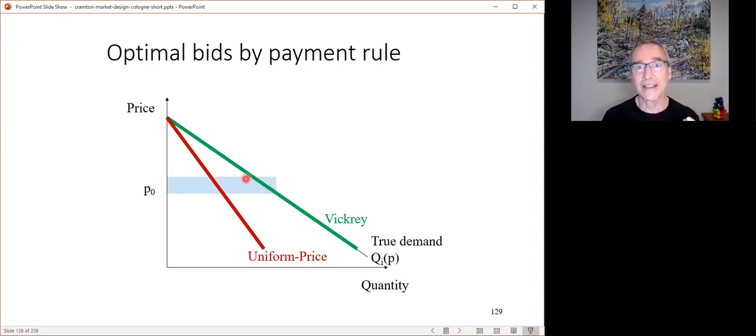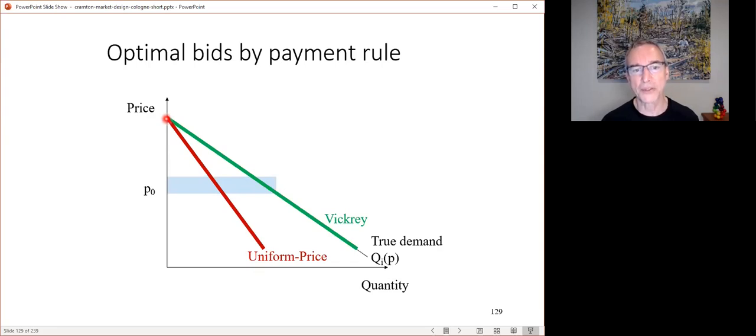If I'm winning just a single item, I don't care very much about the price impact, but when winning 100 items, that dollar saved is worth 100 euros rather than a single euro. That's why I want to shade more and more as I bid for larger quantity. But right up here where I'm winning just an infinitesimal amount, I have no incentive to shade whatsoever.